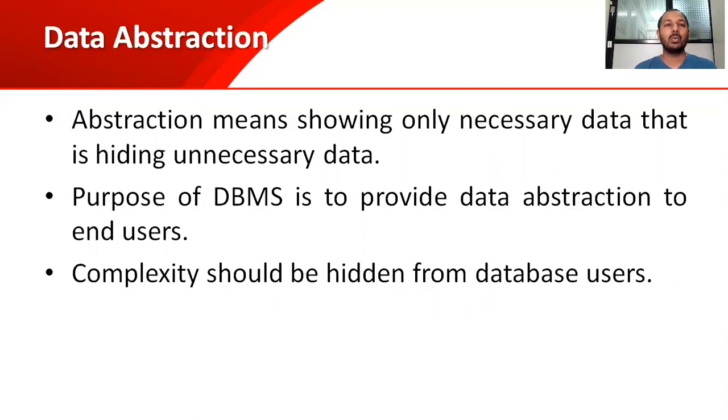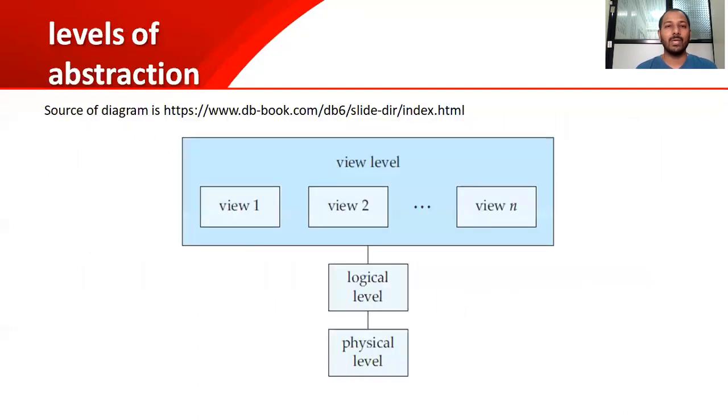Now, to provide proper data abstraction, we have a diagram named levels of abstraction. I have taken this diagram from the book and this link which is written over here. This diagram includes physical level, logical level, and view level.